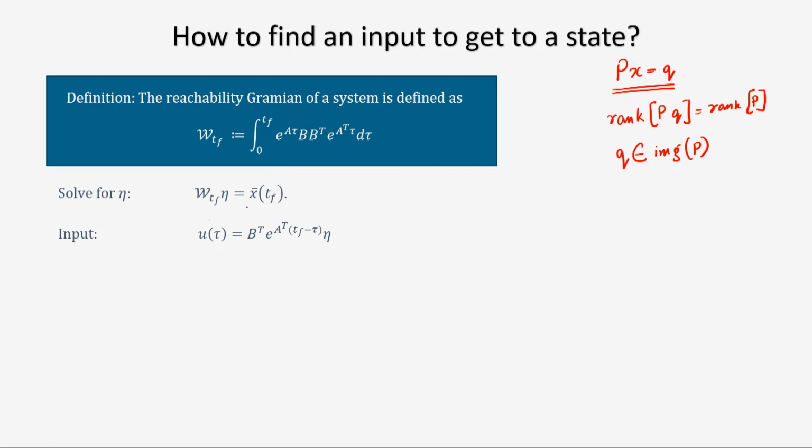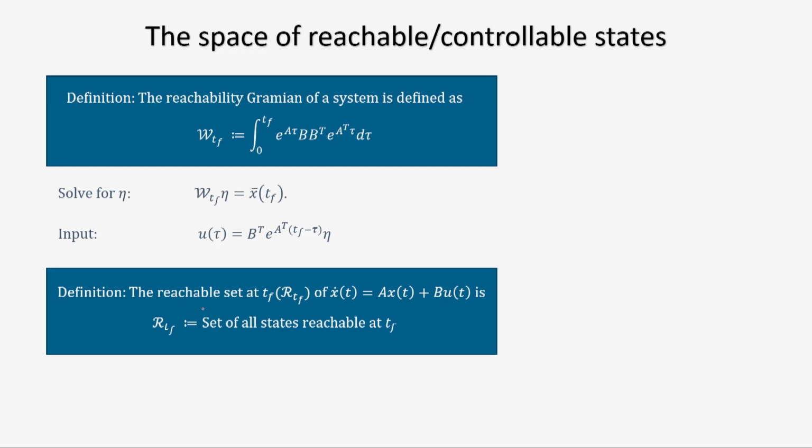Therefore, the reachable states must be in the image of W(t_f). Now, if I define the set of reachable states as R(t_f), the set of all the states that you can reach in some time, then you can see that the image of W(t_f) must be equal to R(t_f).